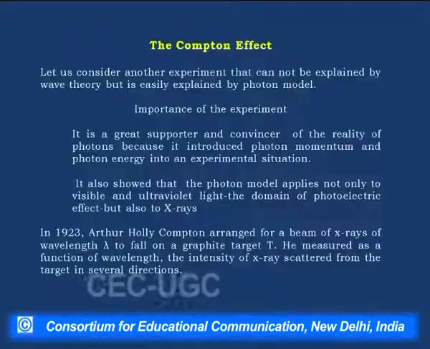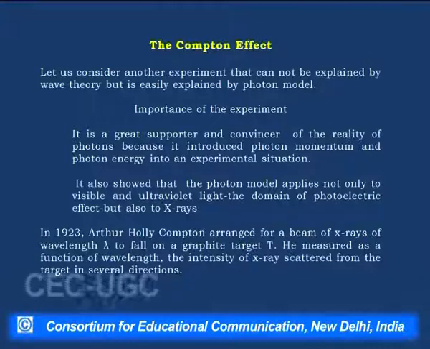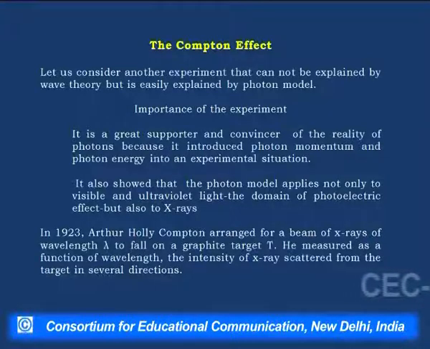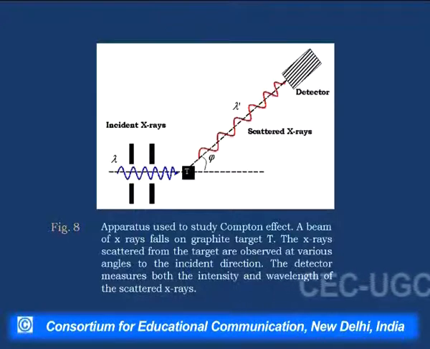This experiment was done in 1923 by Arthur Holly Compton, and he arranged a beam of X-rays of wavelength lambda to fall on a graphite target, and he measured, as a function of wavelength, the intensity of the scattered radiation in different directions. This is the simple experiment for the Compton effect. These are the collimators, and these X-rays are incident on a target.